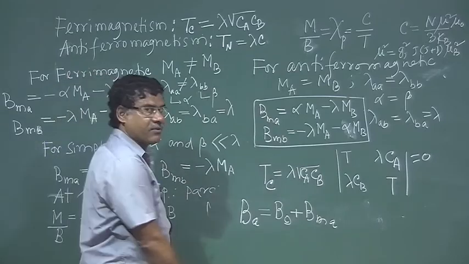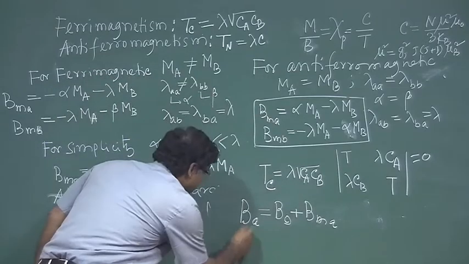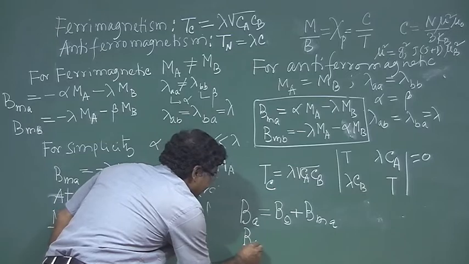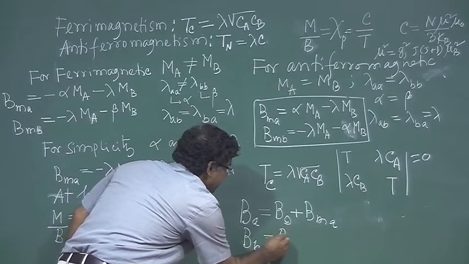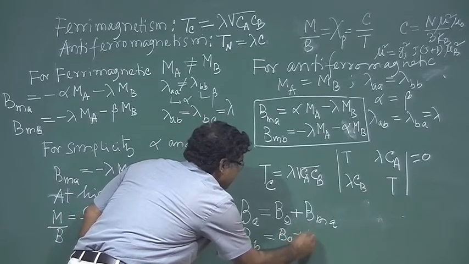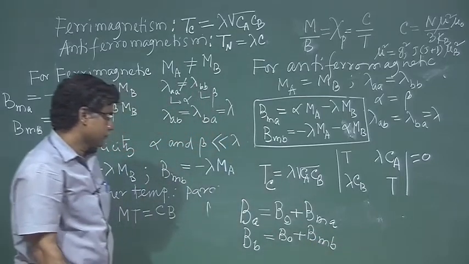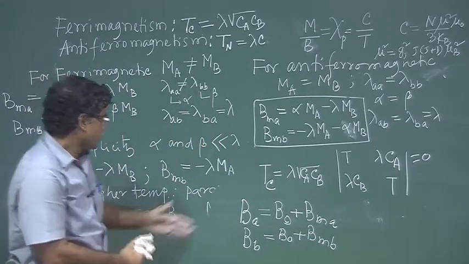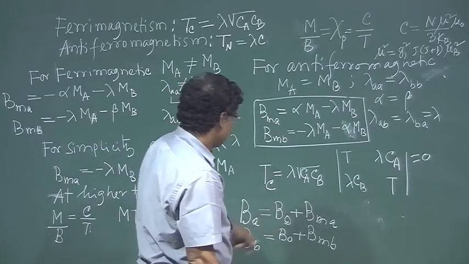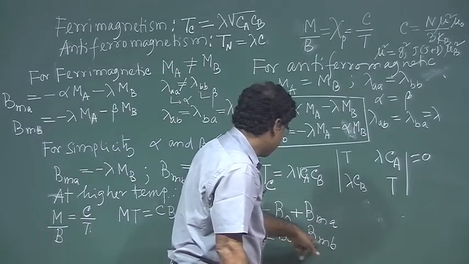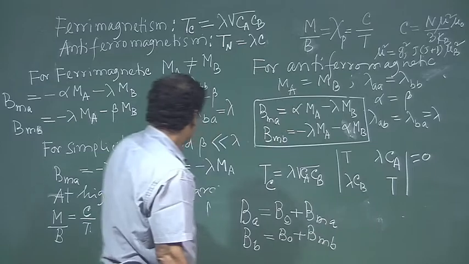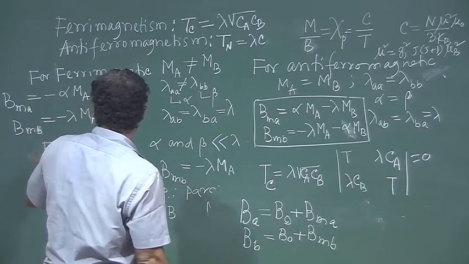And similarly for the B side, B_B will be B_0 plus B_MB, right. So, now one has to put B_MA and B_MB here.